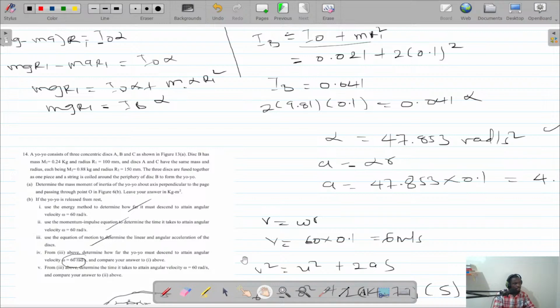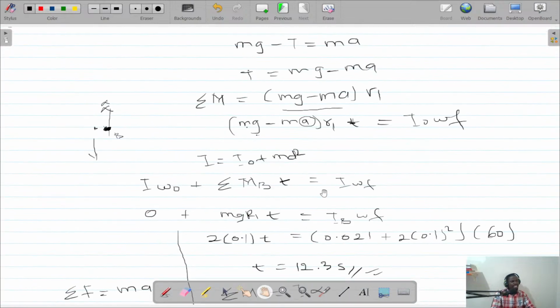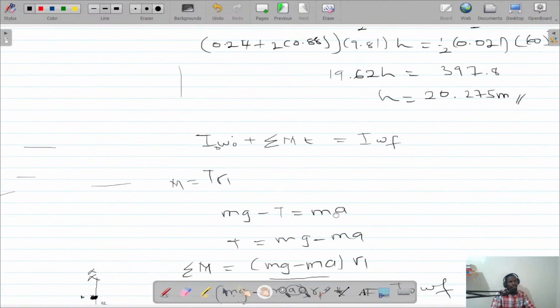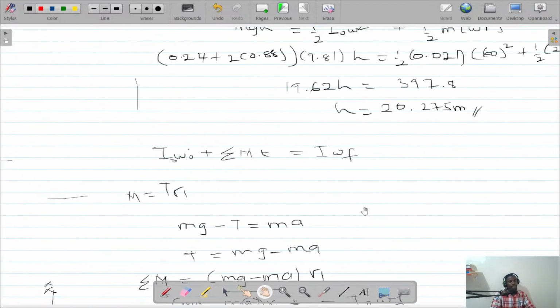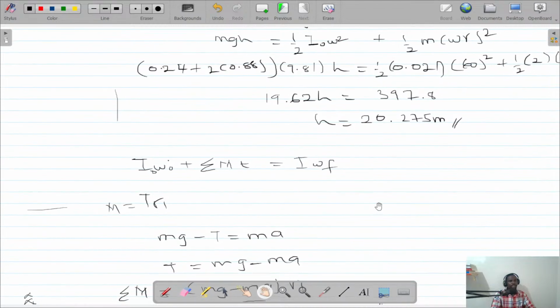They said use that to compare your answer in I above. That is a huge difference. You have 20 point something here.